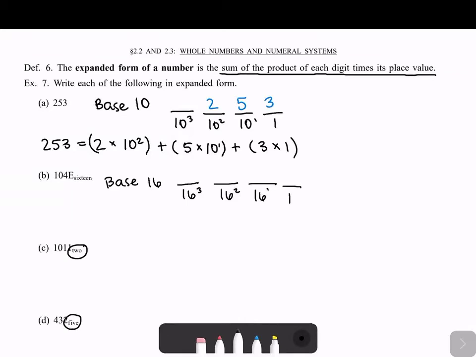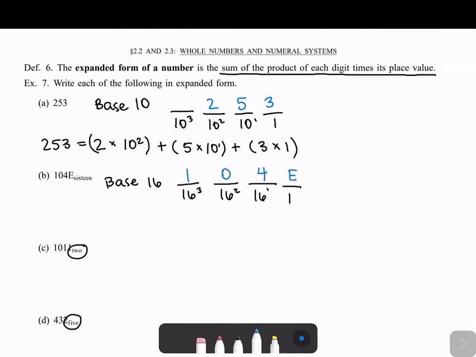So again, we can fill it in backwards. We're going to have E in the ones place, and remember E represents 14 because F represents 15. Then we're going to have 4 in the 16's place, 0 in the 16 squared place, and 1 in the 16 cubed place.